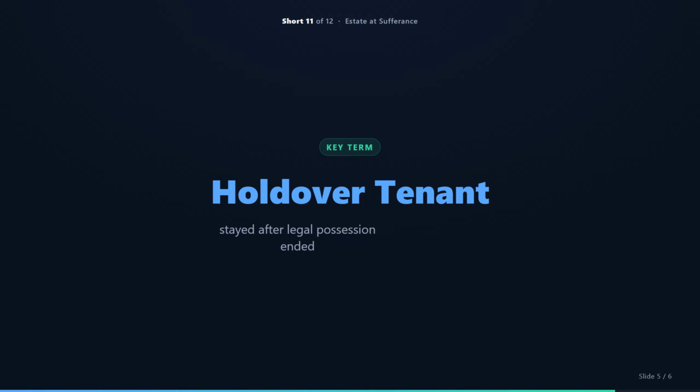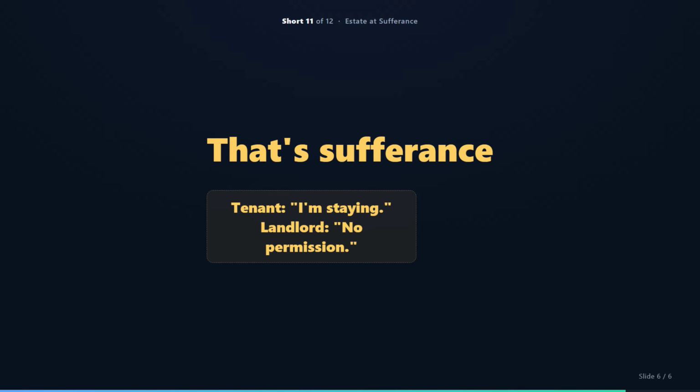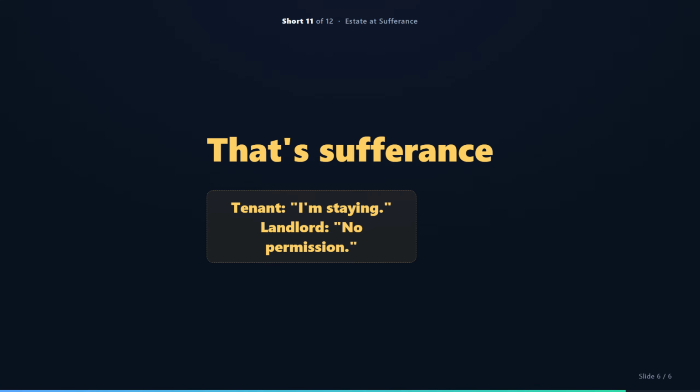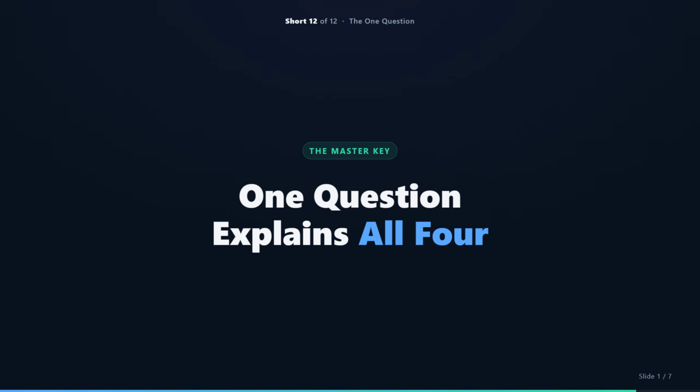Someone who stays after their legal possession has ended. Unlike the other three, this isn't a real lease made by agreement. It only exists because the tenant refuses or fails to leave. The lease expires. The tenant says, "I'm staying." And the landlord says, "You don't have permission." That's sufferance.